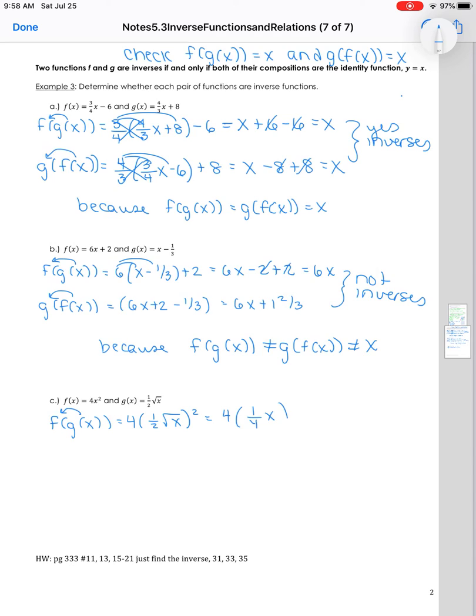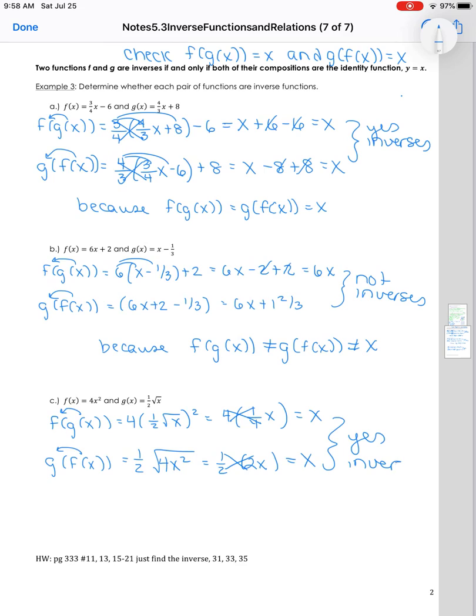So you should be finding for B that they're not inverses. And again, if you have to explain, you just say f of g of x does not equal g of f of x, which does not equal x. So same explanation, it's just yes it does or no it doesn't.